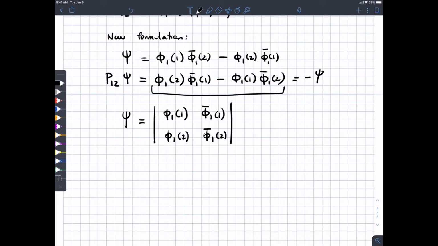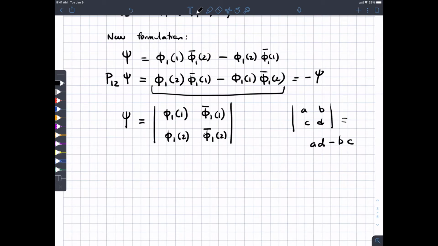You ever done a 2x2 determinant before? Maybe you've done a 3x3 by hand. Nobody does that anymore. You just ask the computer to do it. Nevertheless, if you write the wave function like this, that is equal to the way I've written it above. Because, of course, if you have a determinant like this, that equals A times D minus B times C, right?